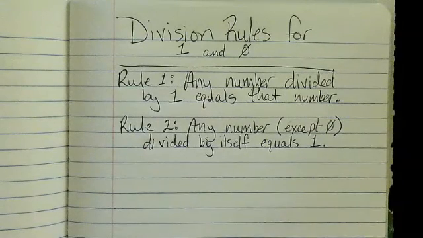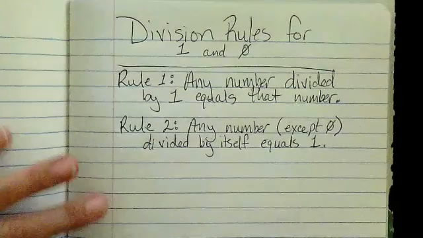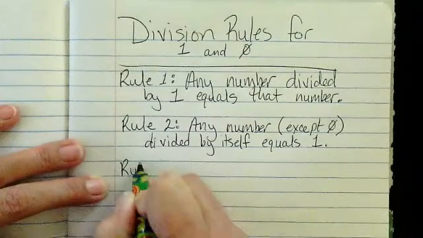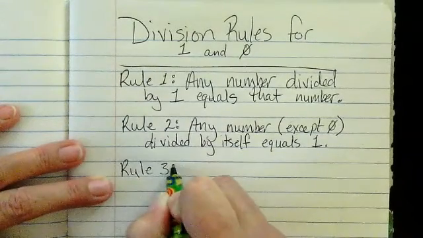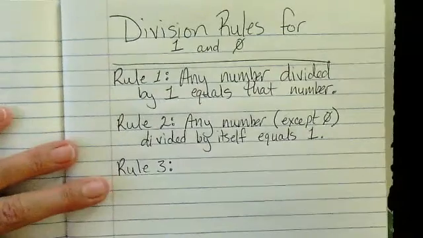All right, my friends, we are on to rule number 3. Rule number 3 for division rules for 1 and 0. Dividing by 1 or dividing by 0.